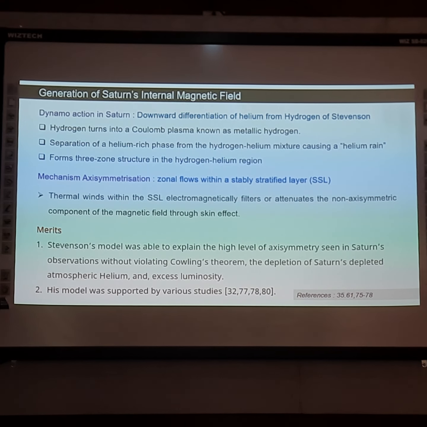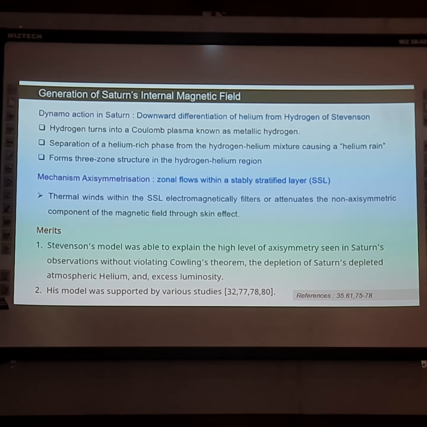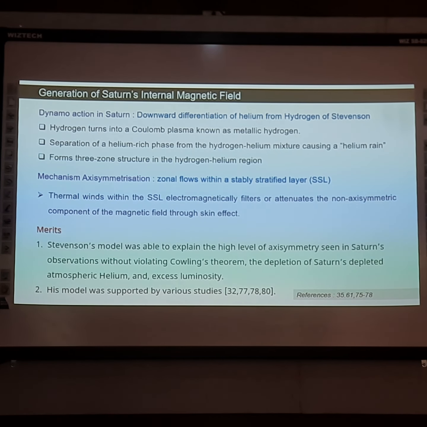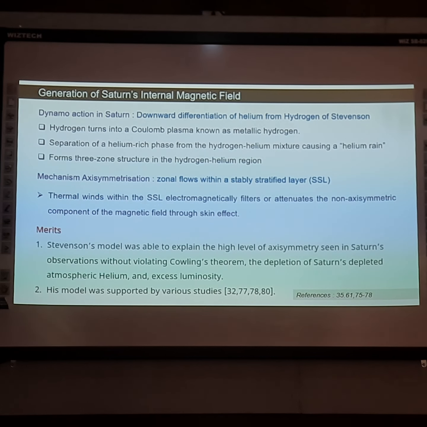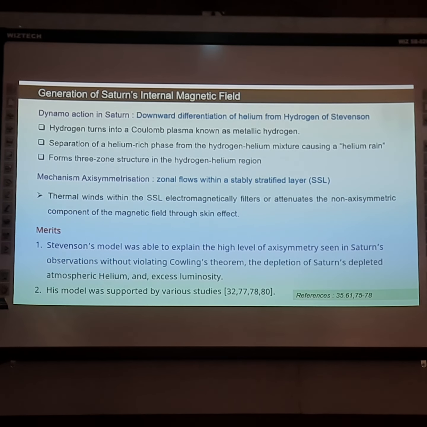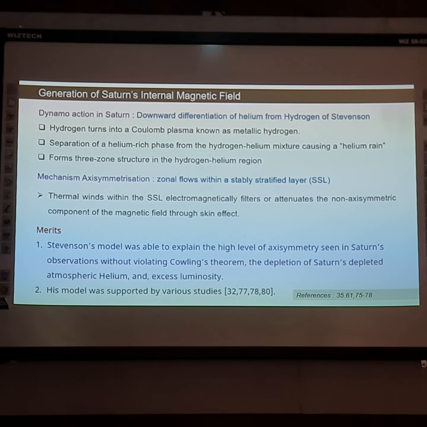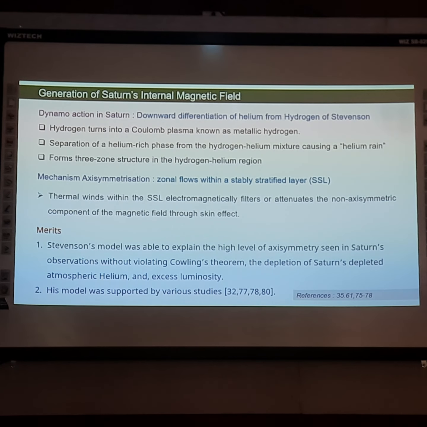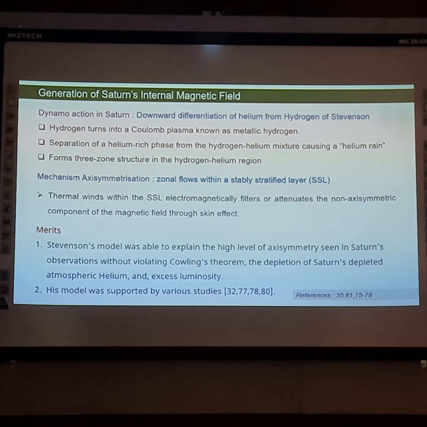But in the process, when the magnetic field passes through these different layers, the non-symmetric part is suppressed, and thereby we observe the symmetric part outside of the planet. That means initially in the production of the magnetic field, we have a non-symmetric part as well as a symmetric part, but the non-symmetric part is suppressed outside of the planet. That was his explanation.